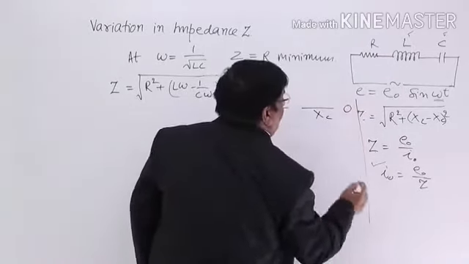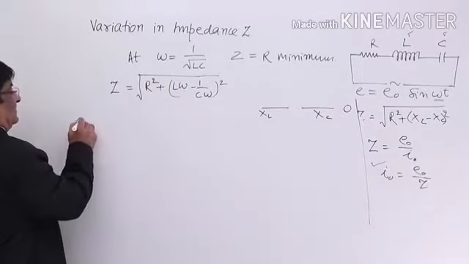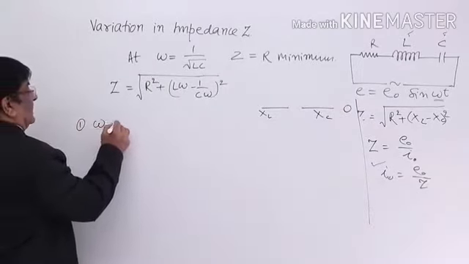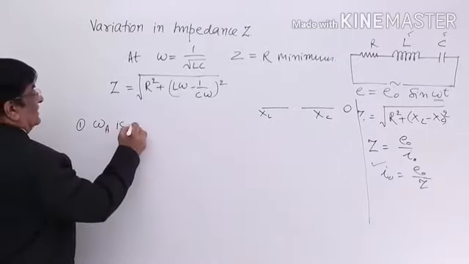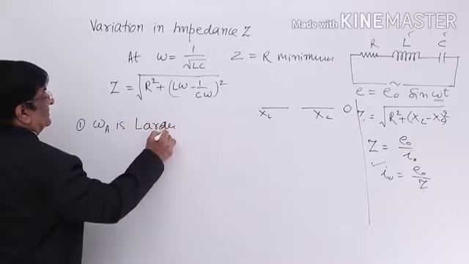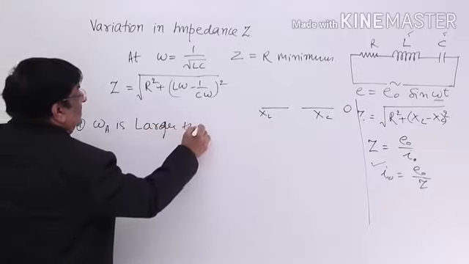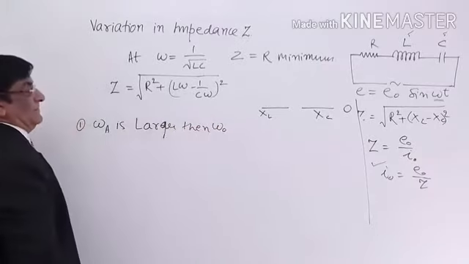Now suppose case 1, omega applied is larger than omega naught, which is the natural frequency.